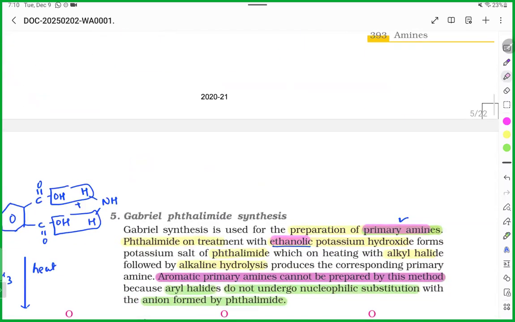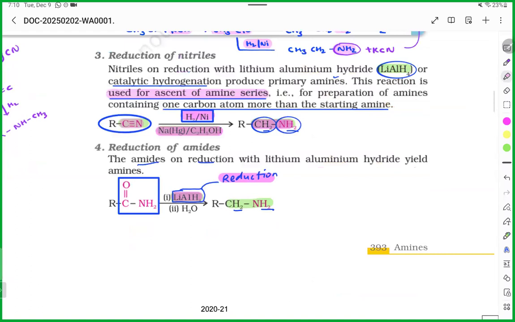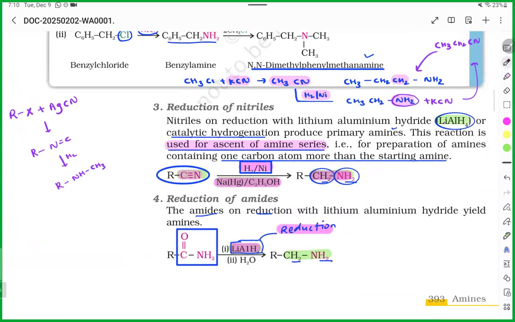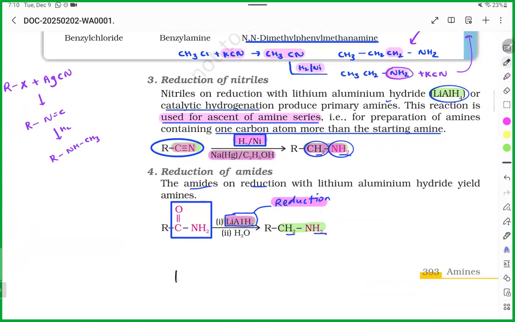Correct? One more reaction. If you have isocyanide, why this is not given? It is important. Okay, remember this reaction, guys. If you have isocyanide instead of cyanide, isocyanide will produce secondary amine.